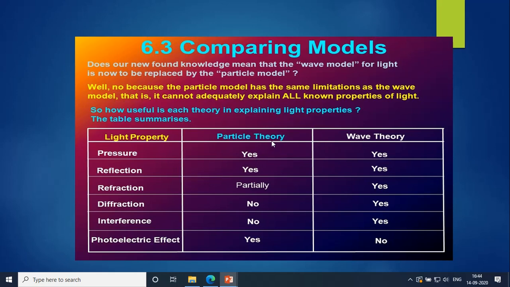Particle theory is useful to explain some important properties, and wave theory is useful to explain the remaining ones. Though wave theory has failed in certain areas, it is a wonderful theory for explaining diffraction and interference phenomena.